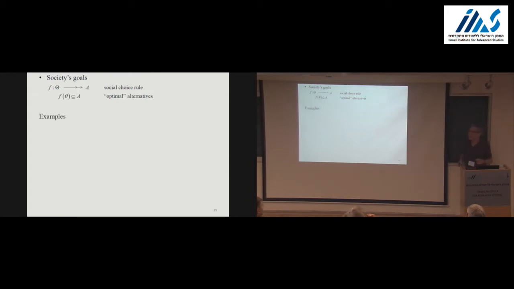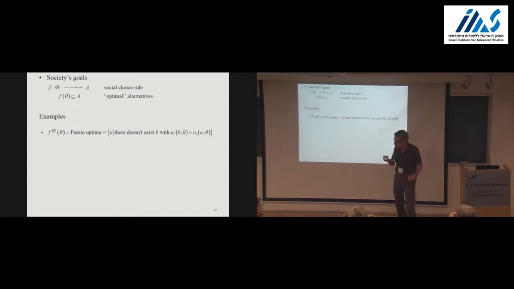And just to give a couple of examples of social choice rules, if all we cared about was Pareto optimality, we could look at the efficient social choice rule, which picks out all of the outcomes which are not Pareto dominated.